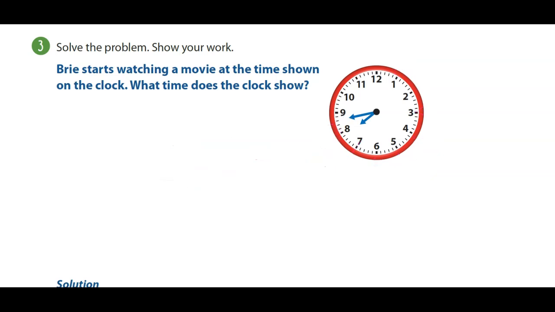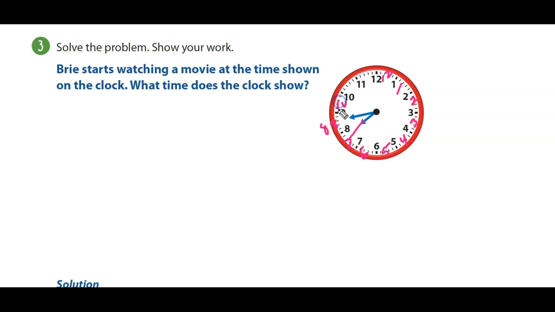7:43. Look, from 12 to 1, that's still 12. That's the hour, still 12. 1 to 2 is 1. 2 to 3 is 2. 3 to 4 is 3. Between 4 and 5, that's still 4. 5 and 6, that's still 5. 6 and 7, that's 6. Between 7 and 8 is 7. So that's where the arrow is pointing. Between 8 and 9 is 8.